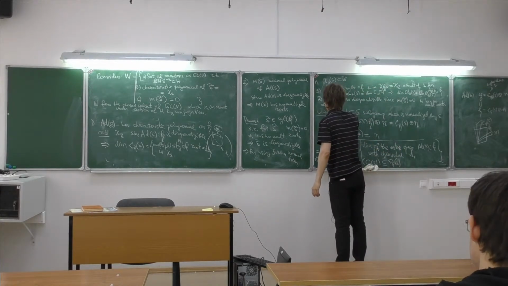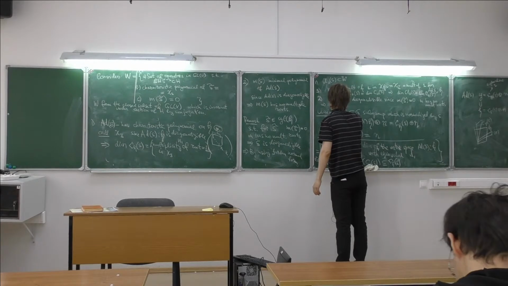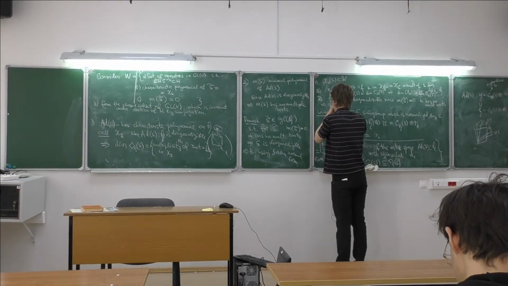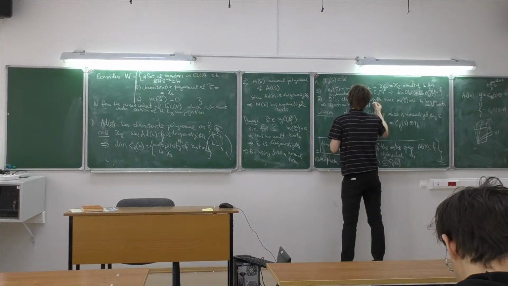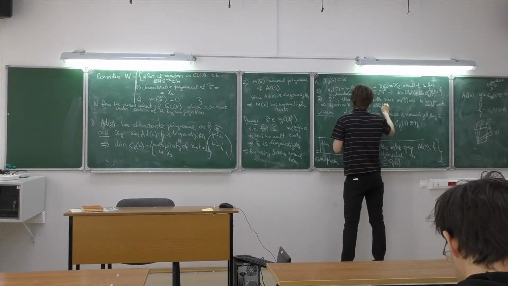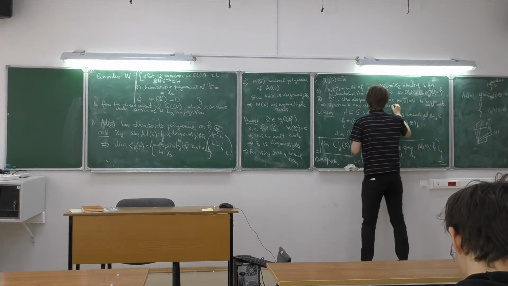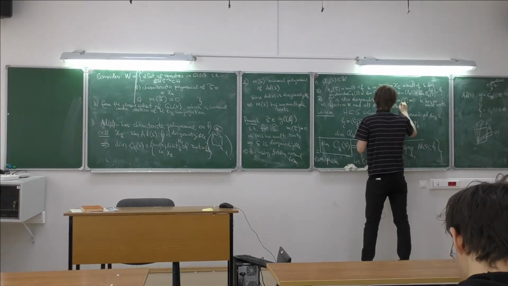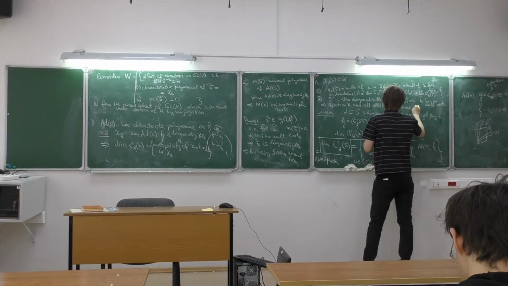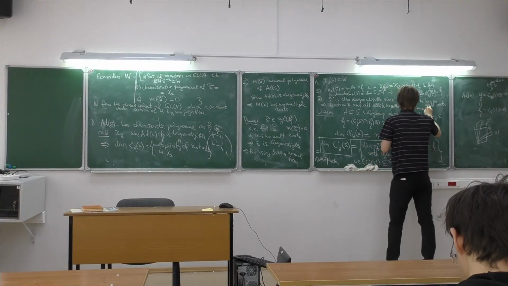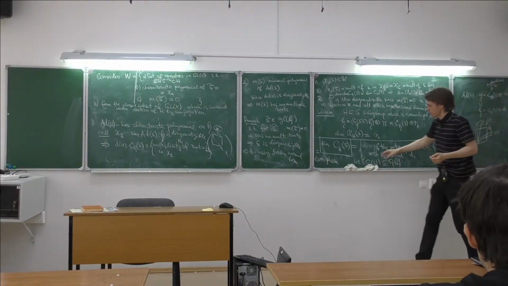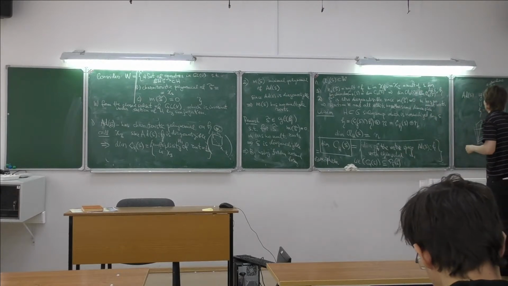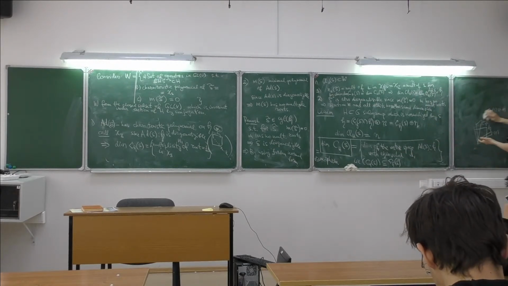So this implies that if H acts on W, all orbits have the same dimension. And this is almost everything.